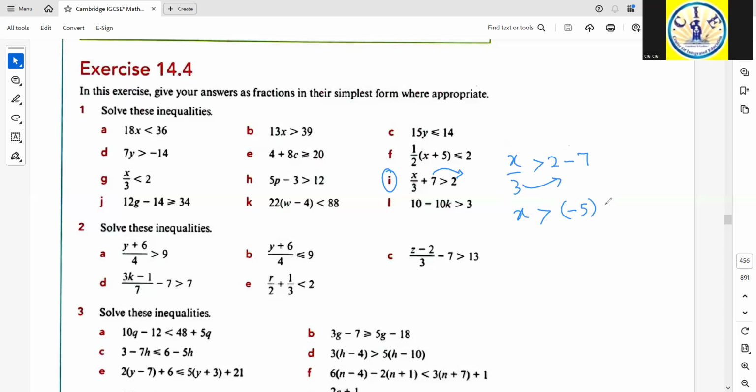And then 3 got shifted to the other side, that is times 3, which gives x greater than negative 15. So if this is 0 and this is negative 15, the values of x are greater than negative 15. So this is how it is to be done. And the rest of the parts are just alike.